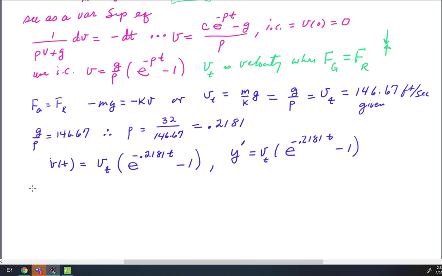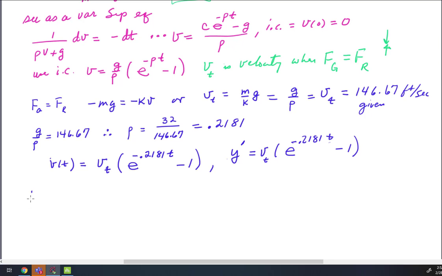Then can we get a function that tells me what the altitude of this falling parachutist is? Well, I just solved this differential equation, and this is a differential equation that is variable separable. Since v sub t is a constant, really the only variable on the right hand side is t, and the dy is the only variable on the left hand side.